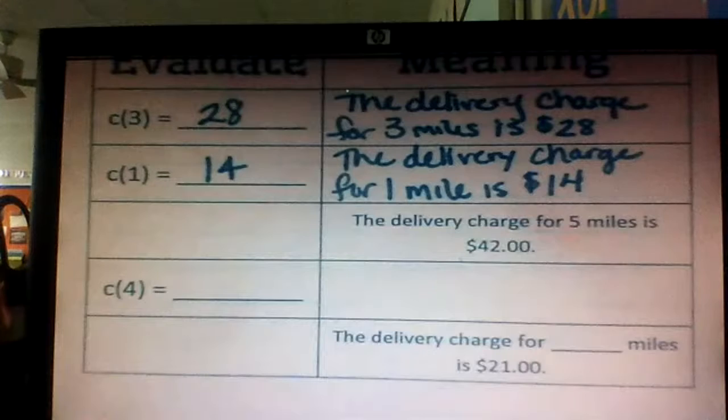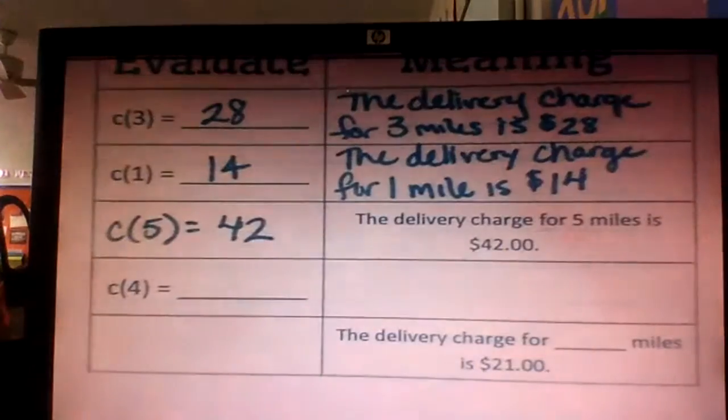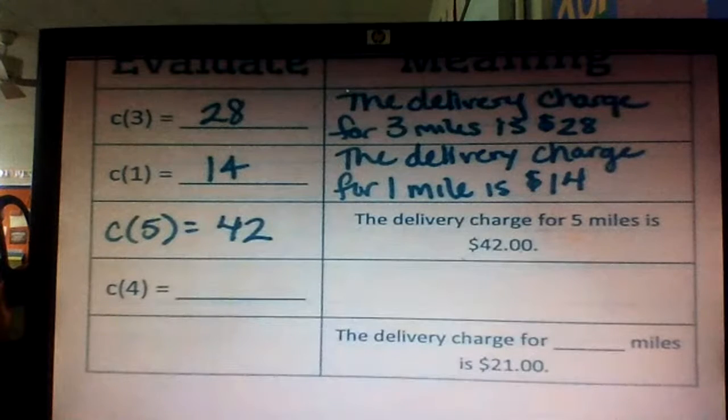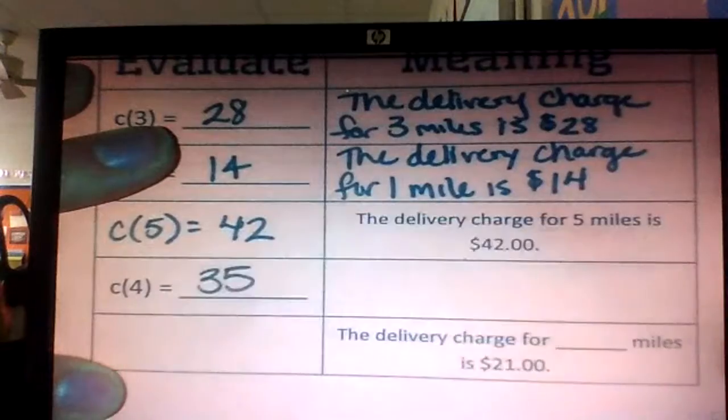The delivery charge for 5 miles is $42. That should look like C of 5 equals 42. C of 4 should be $35.